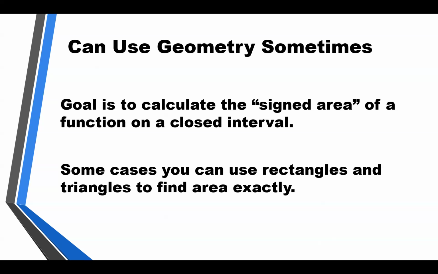And that's what we're going to use to begin with. So the goal is to calculate the signed area of a closed interval. And in certain circumstances, we can use rectangles and triangles to find that signed area exactly.